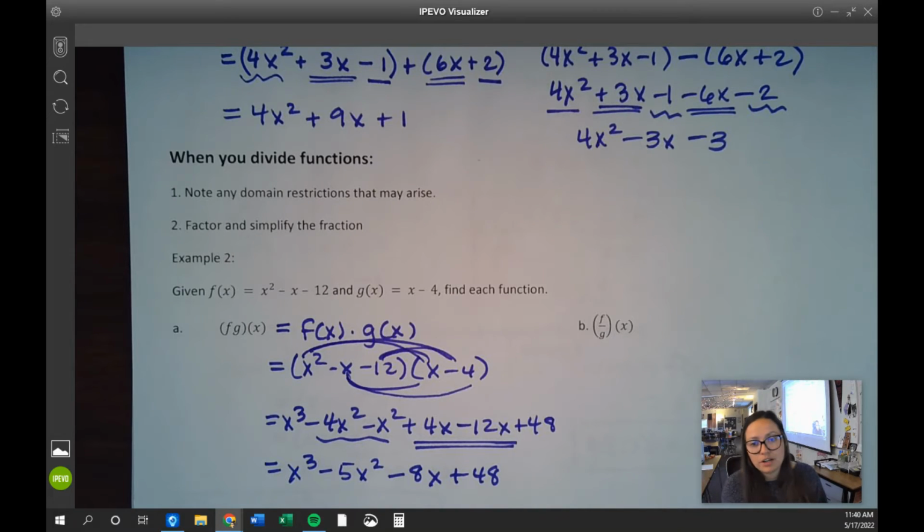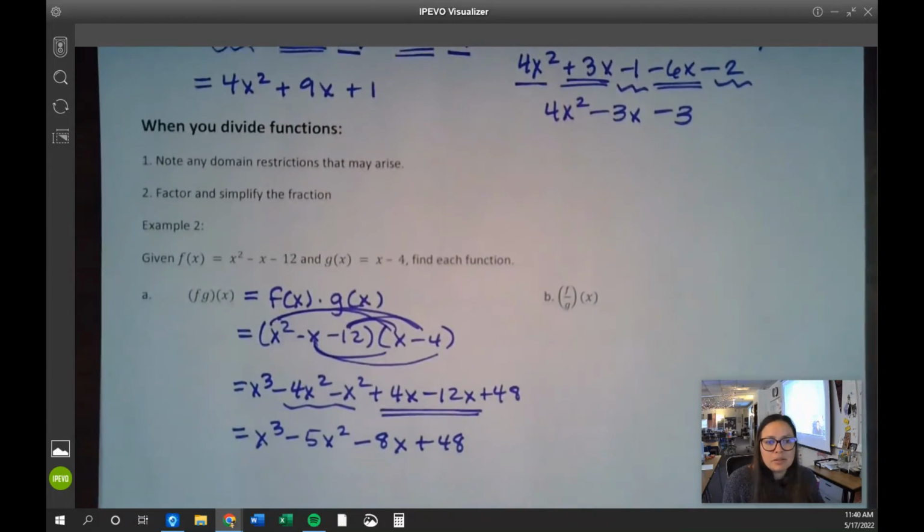When we say operations with functions, we are performing those 4 operations on multiple functions. And we've really been doing all of these already. You just haven't realized it yet.